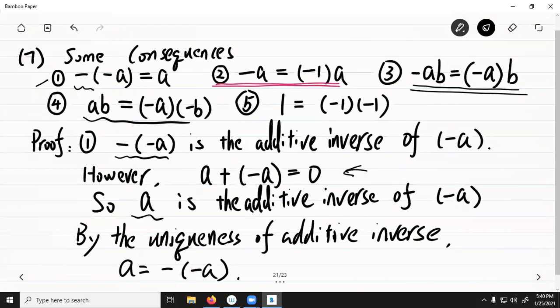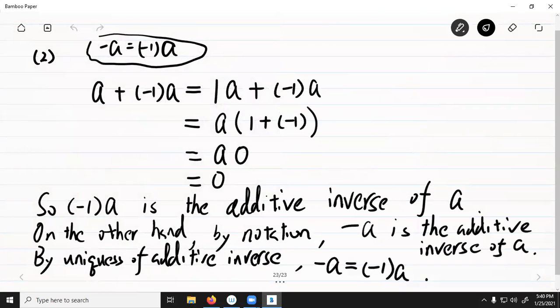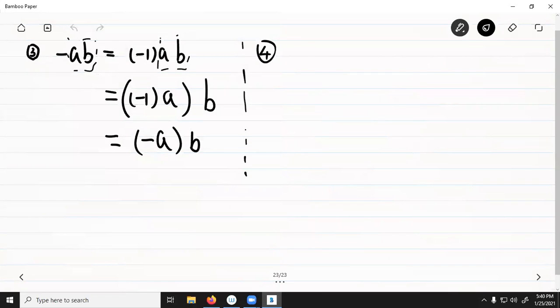So now we replace A with AB. That means AB equals negative of negative AB. We replace the position of A with AB. So AB should be equal to negative of negative AB. There's no problem, right?